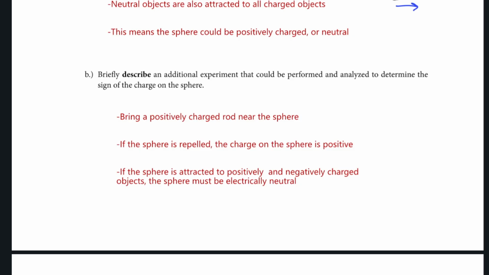But if you bring the rod and it's still attracted, so it's attracted to both a positive and a negatively charged rod, well, that's actually how you prove it would be electrically neutral. Because if you repeat the rod experiment with a positive one, we see that this time the electrons are being summoned to the right end, so it's still going to be an attractive force. So we still get the sphere being attracted to the rod. So kind of tricky there, so just remember that neutral is attracted to both.